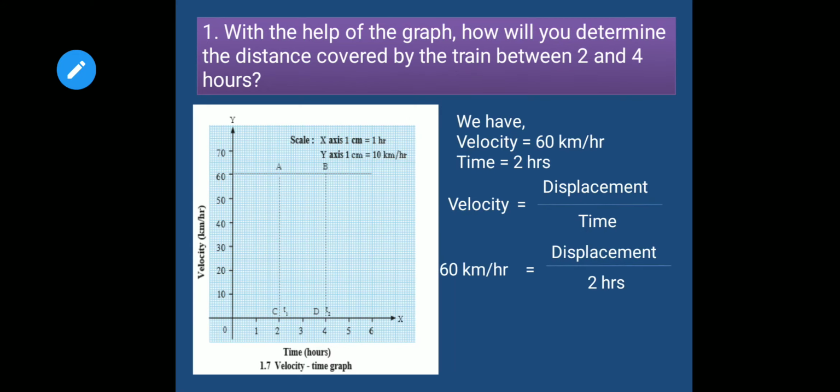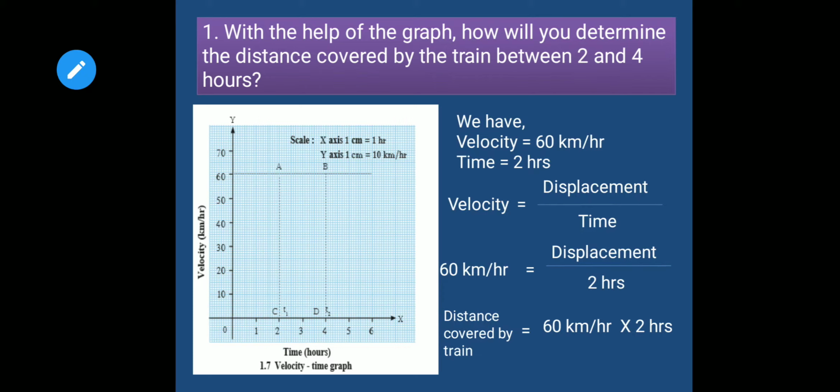See, 60 km per hour is equal to displacement upon 2 hours. Now 2 hours, which is in division, when we shift to the left hand side, will be in multiplication. So displacement, meaning distance covered by the train, is equal to 60 km per hour multiplied by 2 hours.